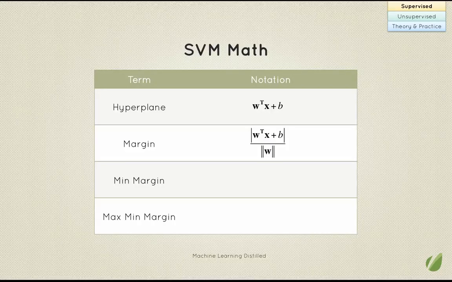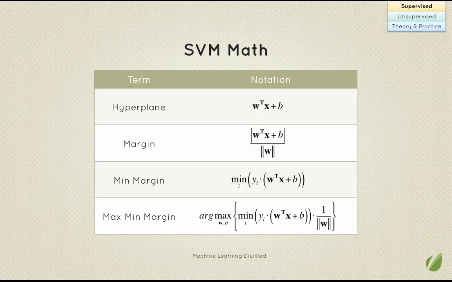This is the mathematical definition of the margin, that is the distance between the decision boundary and the closest instances, the support vectors. We want to find the minimum margin, that is, what instances have a margin that is the smallest, because those are going to be our support vectors. And then we'd like to find a plane that maximizes that minimum margin.